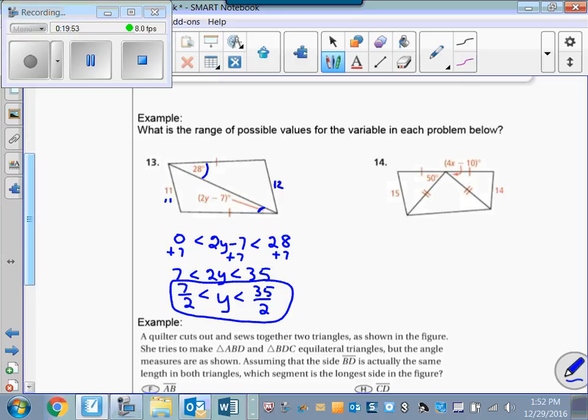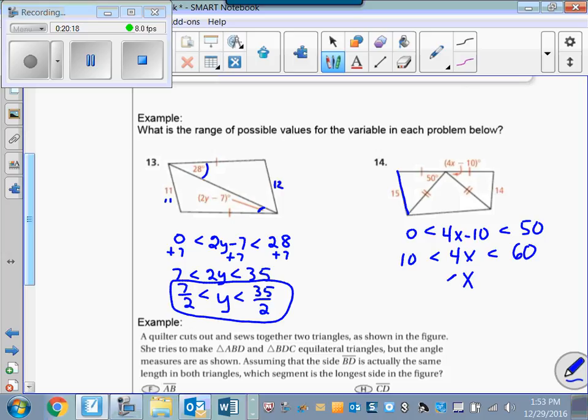So let's see what we have in this scenario. This is the longer side. 15 is longer than 14, so I know that 4x minus 10 has to be less than 50, and of course it has to be greater than 0. So 10 is going to be less than 4x, and 4x is going to be less than 60.